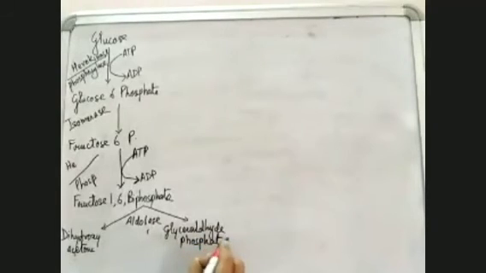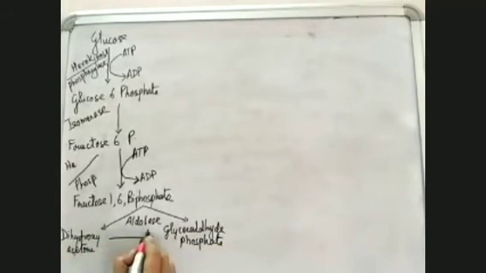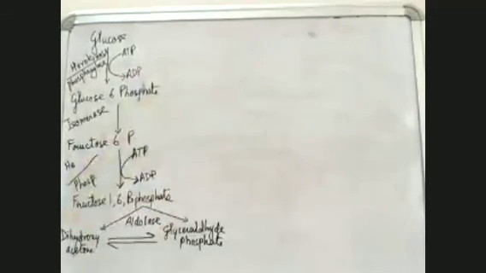This dihydroxyacetone can get converted into glyceraldehyde phosphate, or glyceraldehyde phosphate directly continues with the rest of the process of glycolysis.